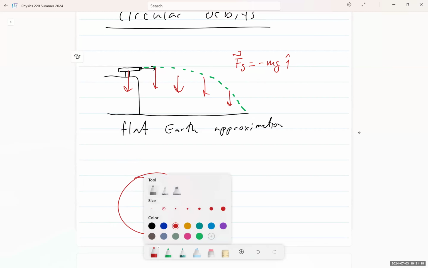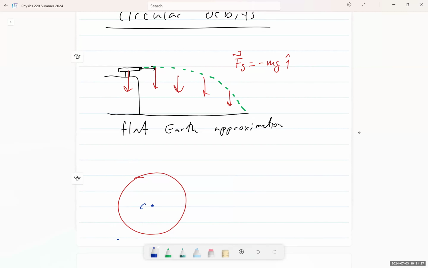So this assumes that you are high enough that, if I take this to be the center and this to be the radius of Earth, the height is comparable. In the flat case, I can assume that the radius of Earth is much greater than the height h, so I can ignore it. But here you can't ignore that anymore.